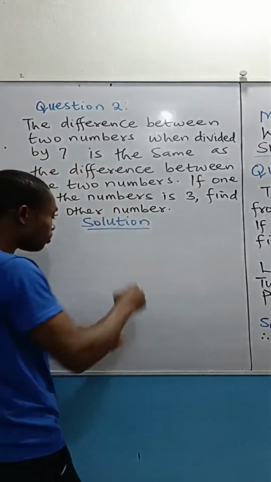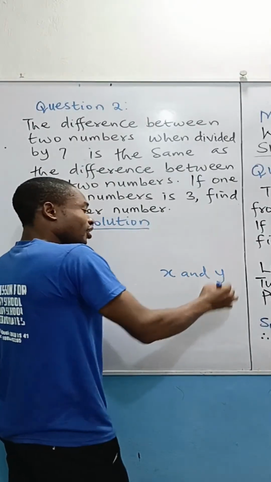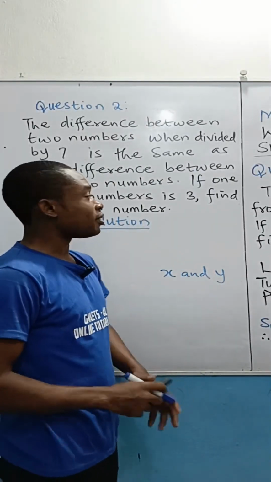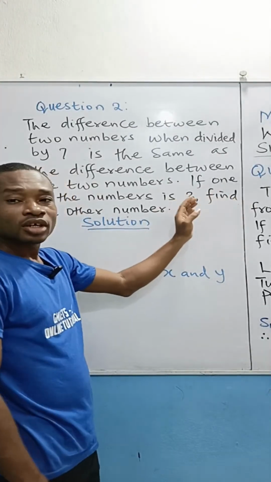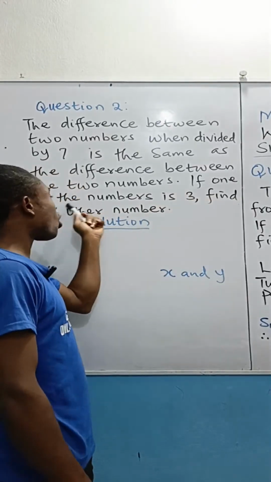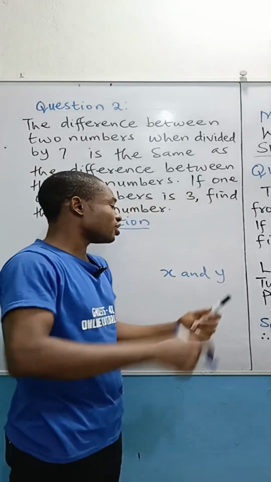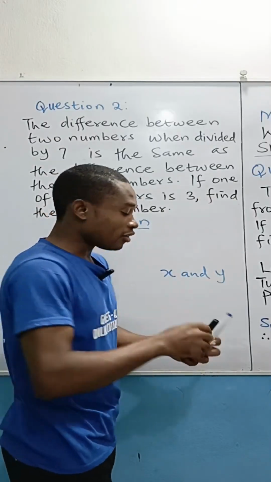Difference between the two numbers, let the numbers be x and y. But I want you to take note of something. Close to the end of the question, we have that if one of the numbers is 3. So if the two numbers are x and y, one of them is 3.